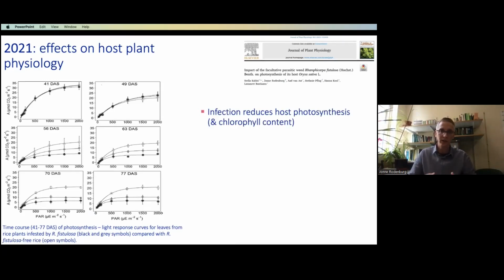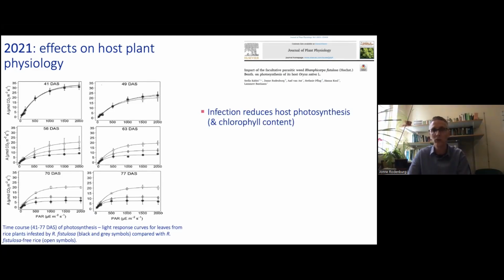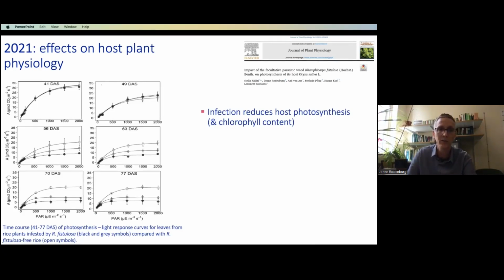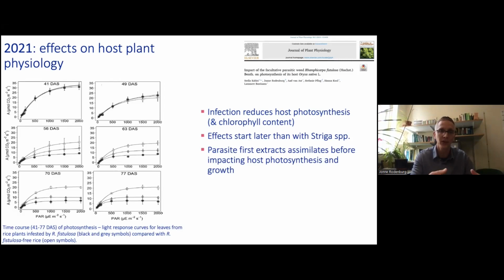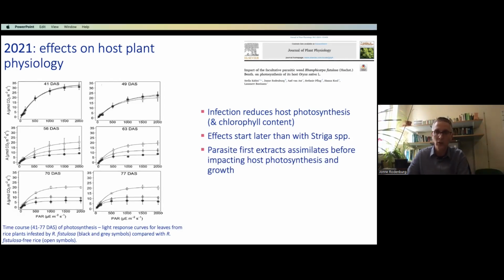Infection of Rhamphicarpa steeply reduces the host photosynthesis, but also the leaf chlorophyll content and other leaf physiology parameters. But the effects start much later than with Striga, where we have seen these effects appear much earlier. We also observe that the parasite first extracts assimilates before it really impacts the host photosynthesis and growth, so there is a little bit of a delay.